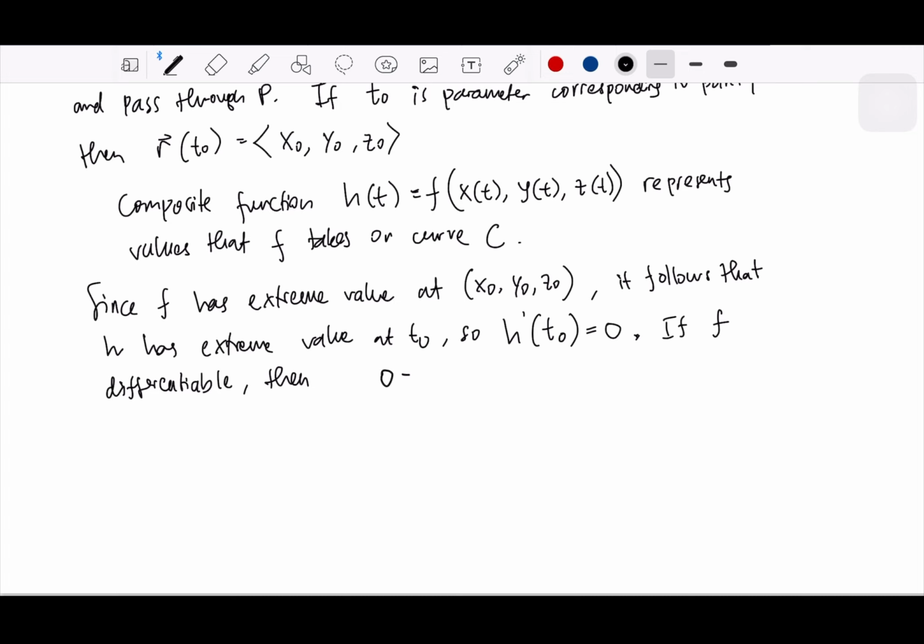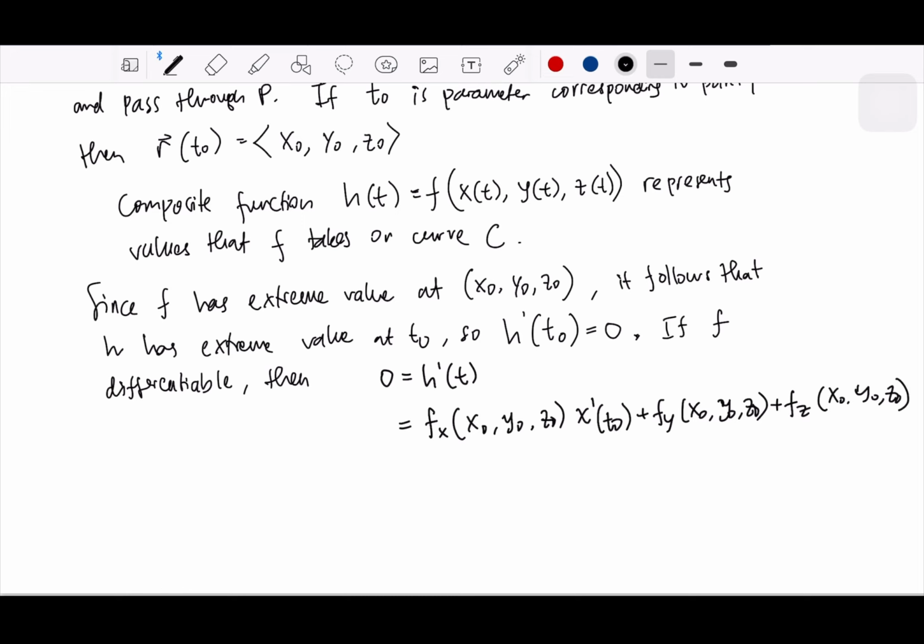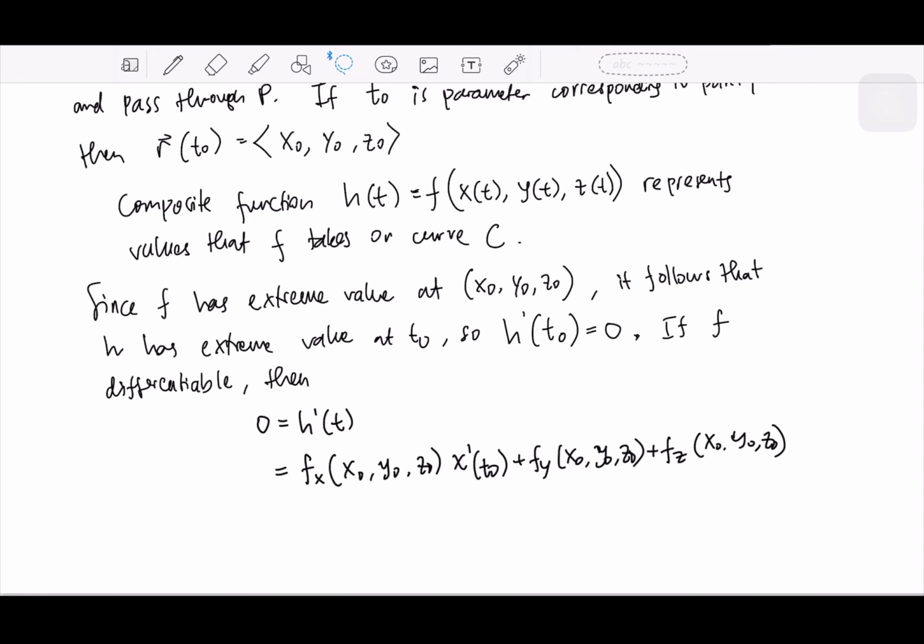Then 0 equals all the partials with parameter t0 at the extreme value, with x prime, y prime, z prime.